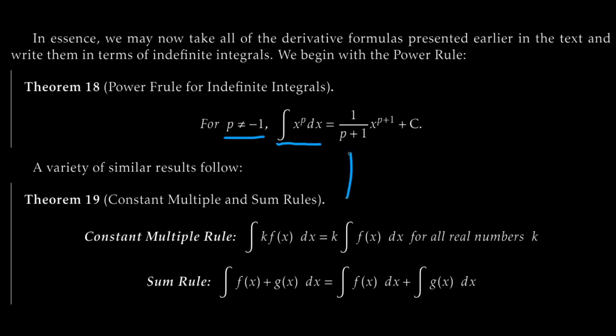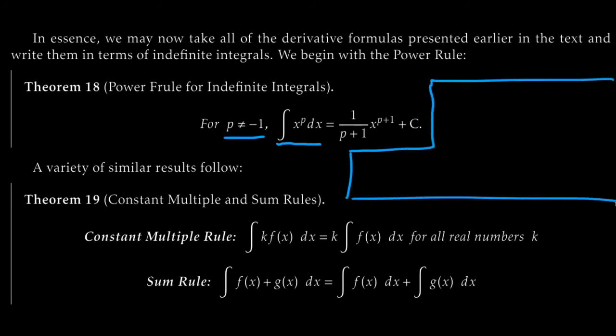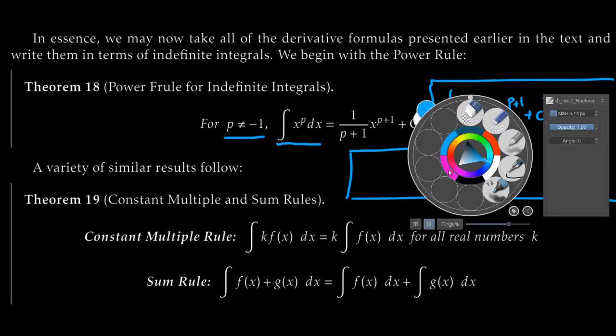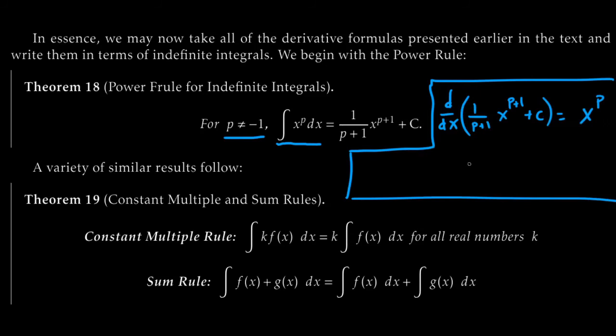So think of it like this. If I had told you this statement, you would have been like, well, duh. If I had said, hey, d/dx of 1 over p plus 1, x to the p plus 1, plus a constant is equal to x to the p, you'd have been like, obviously. Here's everything that's going on.